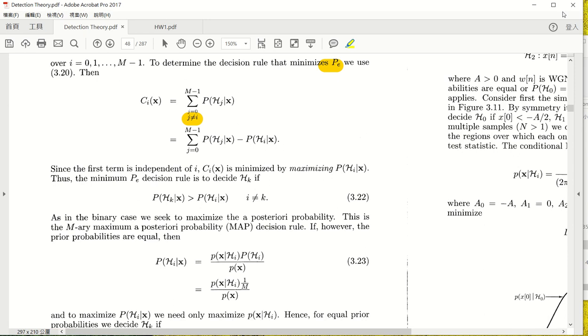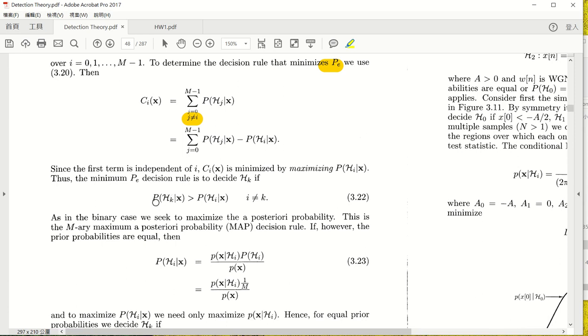So, up to this point, we will say that we are going to choose the hypothesis that has the maximum likelihood.